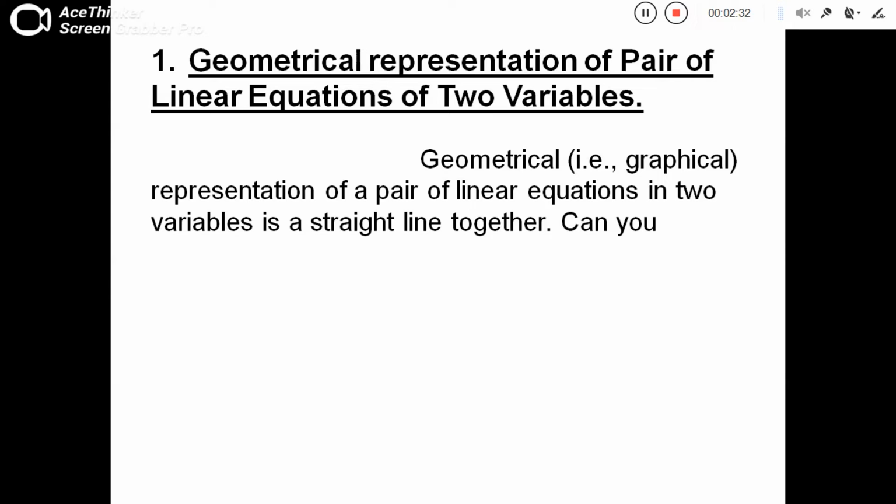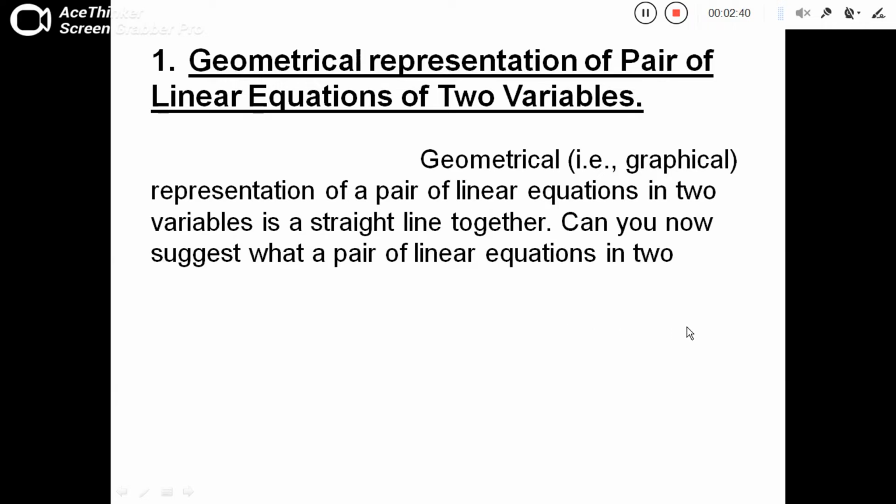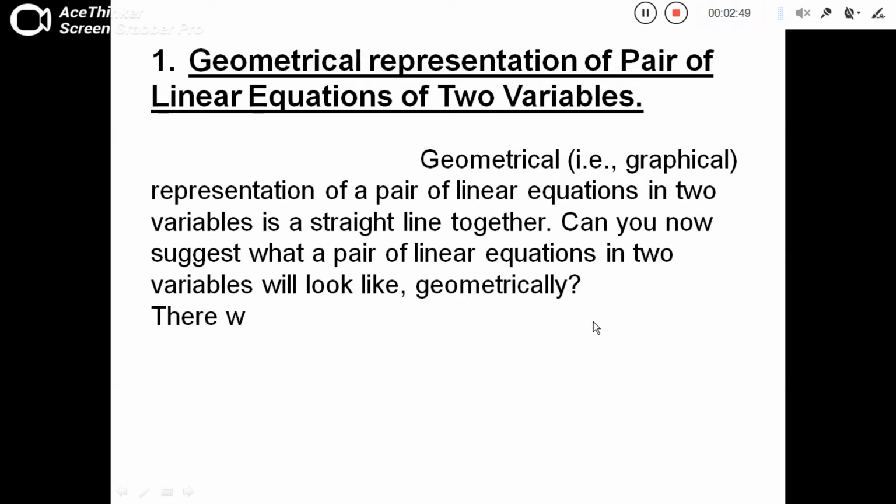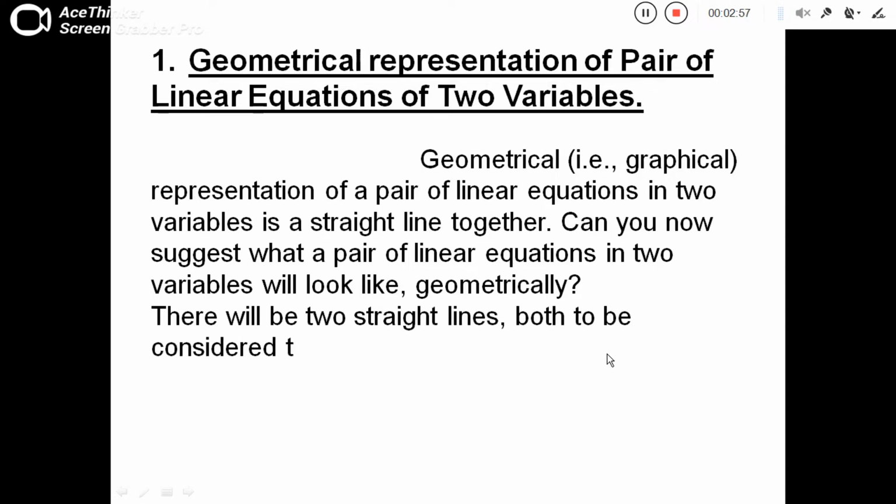So a pair of linear equations in two variables will look like two straight lines, both considered together.